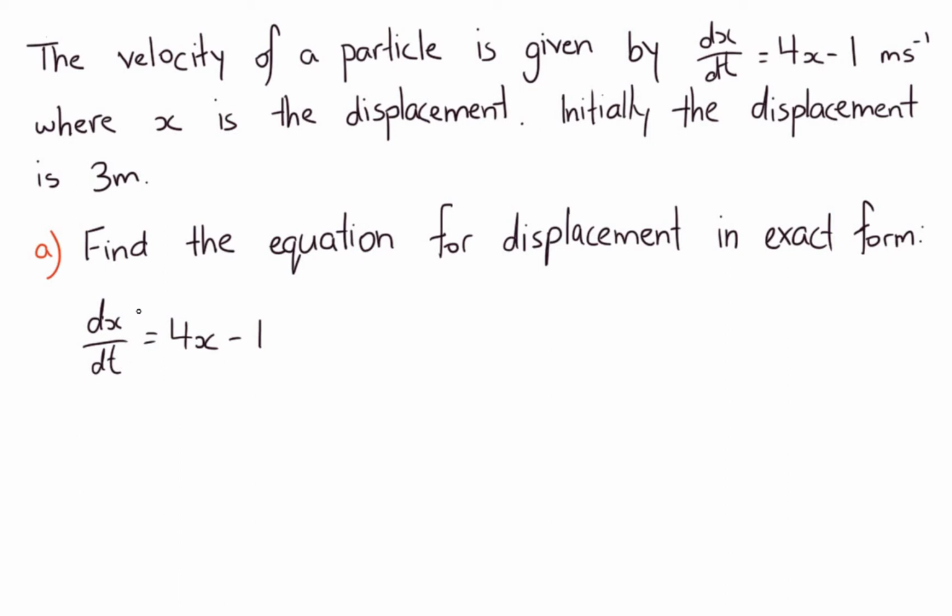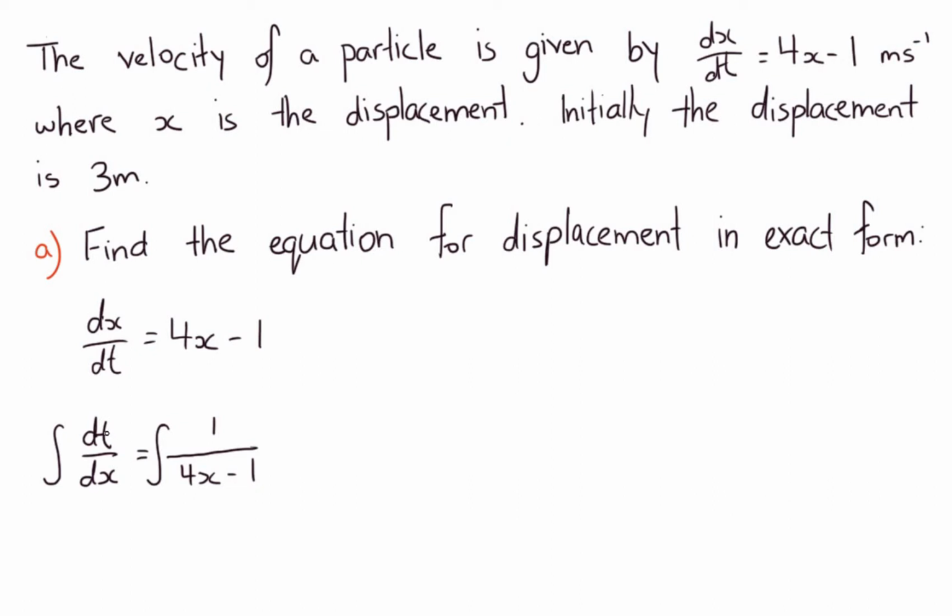So what do we need to do? Well, if we reciprocate both sides, we can get dt/dx, and we can flip the right hand side as well, 1 on 4x minus 1. Now we can integrate with respect to x. So we'll take the integral of both sides now.